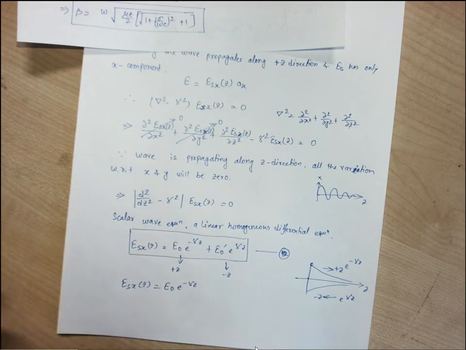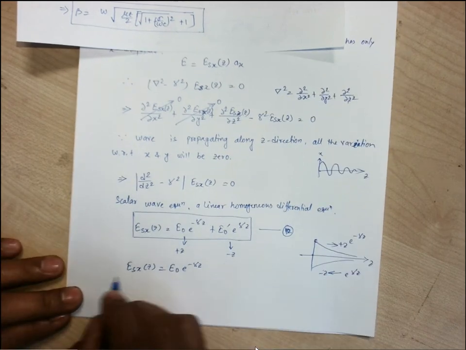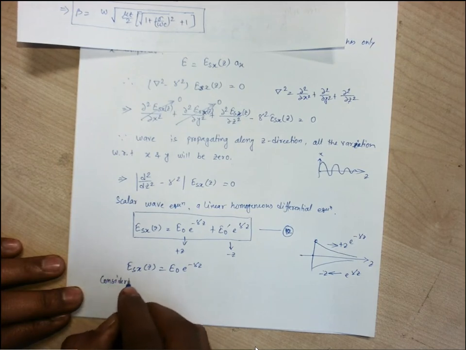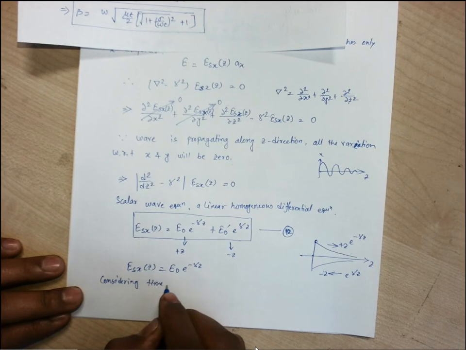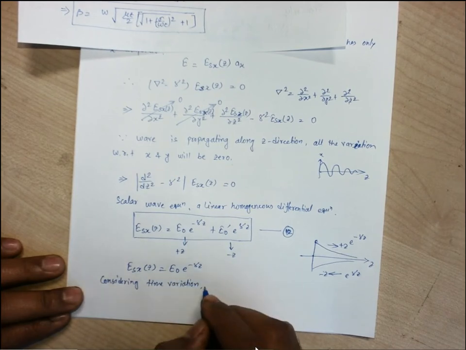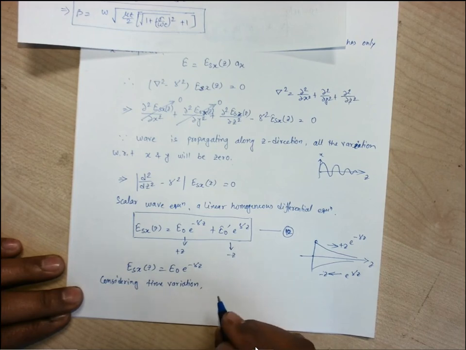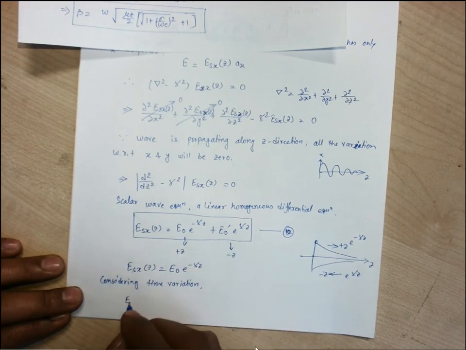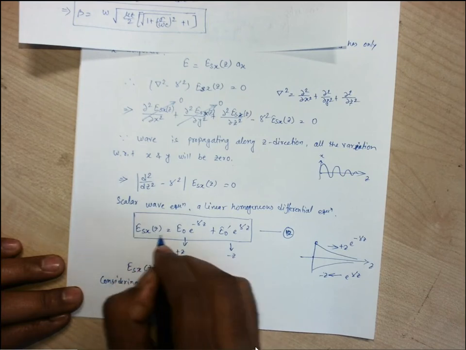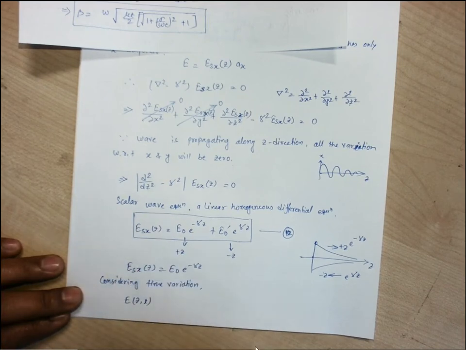Now we have seen all the variation with respect to space. We can take the variation with respect to time as well. If we consider the time variation, we need to take e to the power j omega t. So this becomes E(z,t). Z comma t means it varies with respect to z, as we have seen, as well as with respect to t.